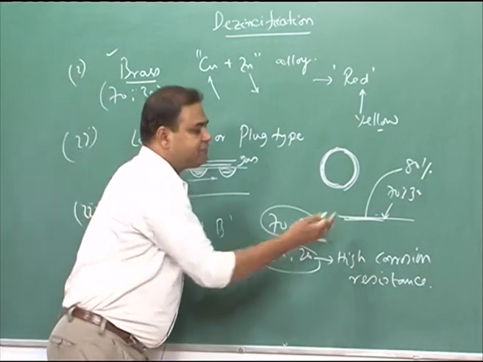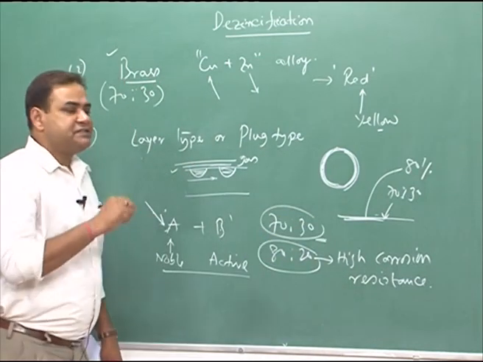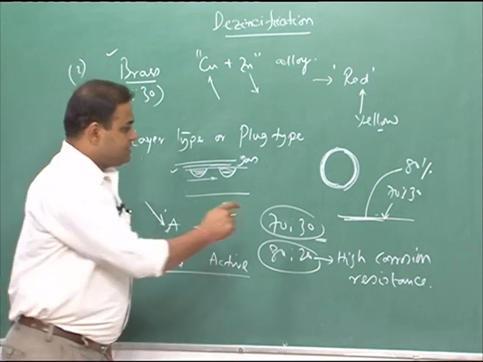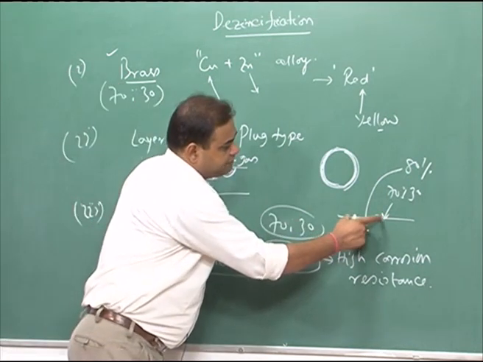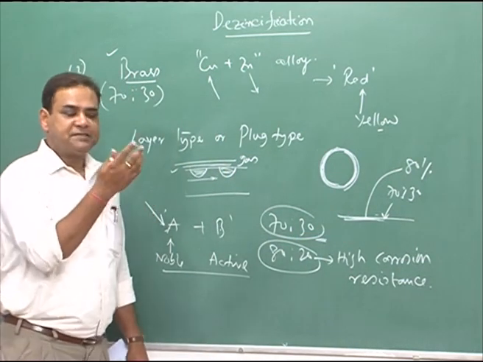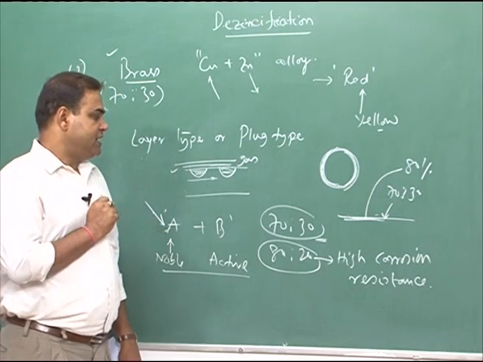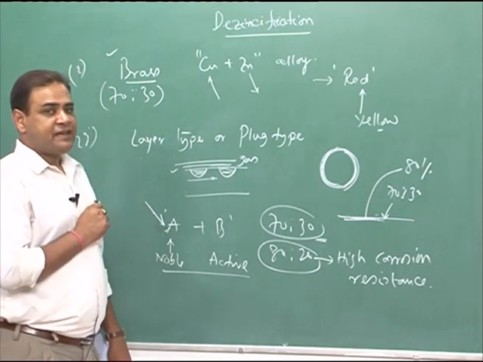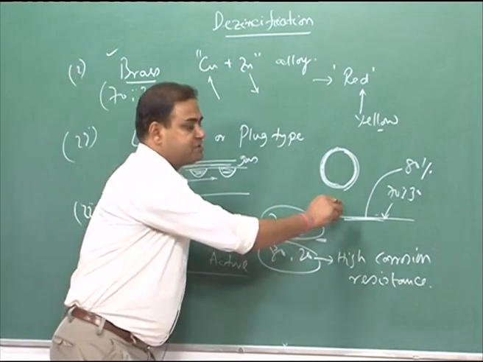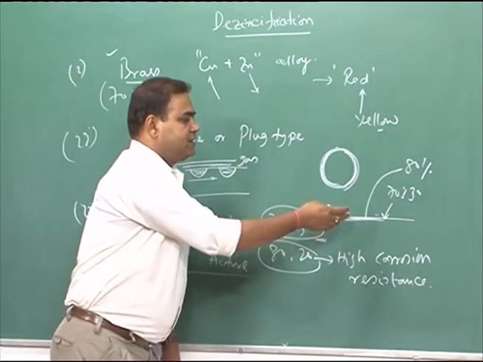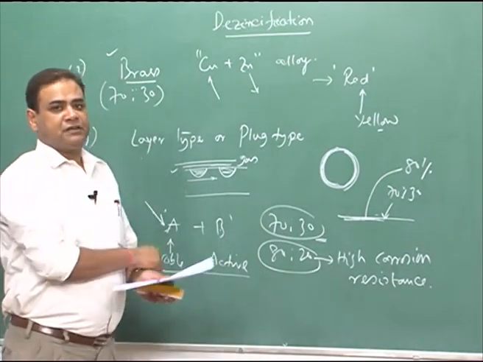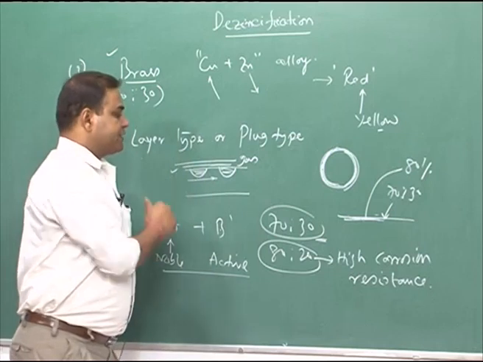That time the surface nobility increases, but the point is the copper that is enriched here is not a solid copper, it is basically a porous mass, and that decreases its mechanical strength. So, though the corrosion resistance improves, because of de-zincification the brass is losing its strength. So, this is another characteristic.